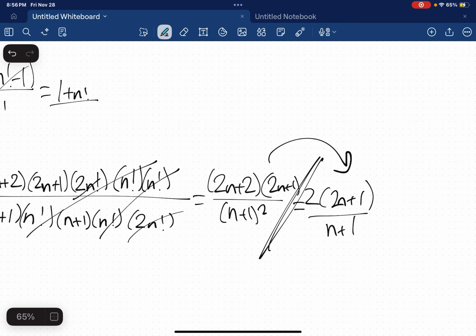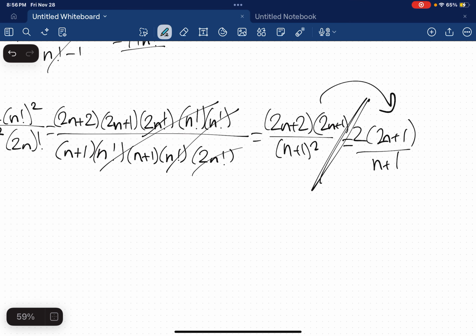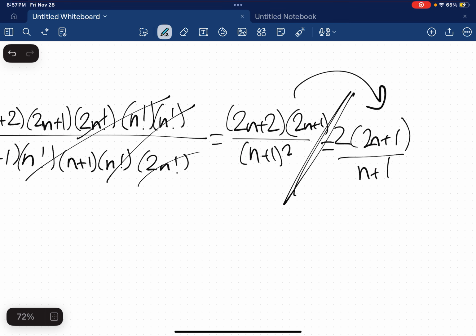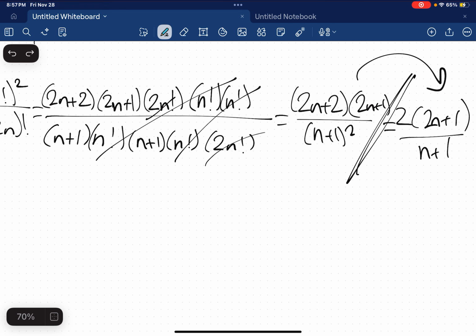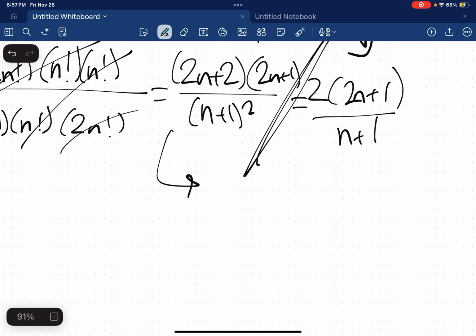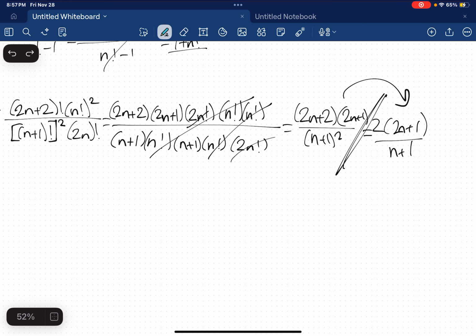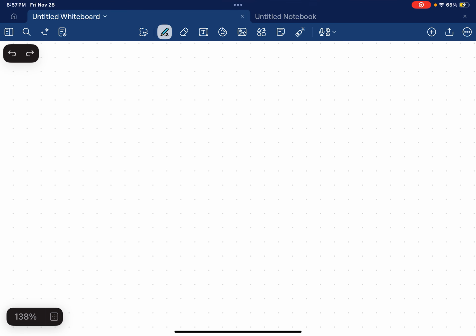That is in fact the proof for it. I should elaborate a bit further on this. Nah, it's fine. Just know that it simplifies to that. Okay, number 5.